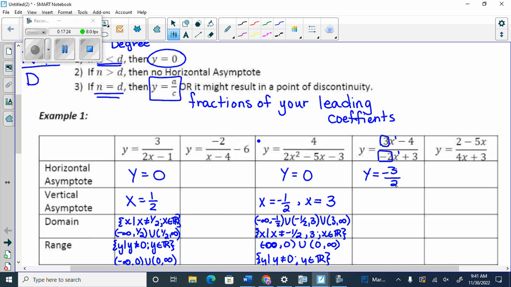And then this one we said we'd go -2x plus 3 can't equal 0. -2x can't equal -3. X can't equal 3/2. That would be my non-permissible value, but my actual asymptote would be x equals 3/2.